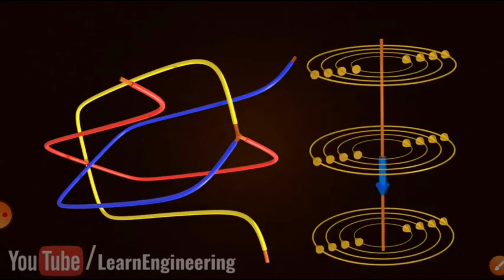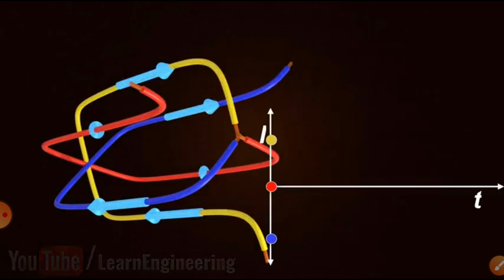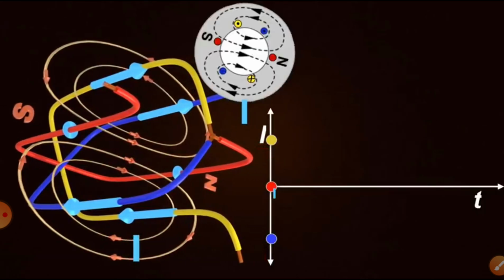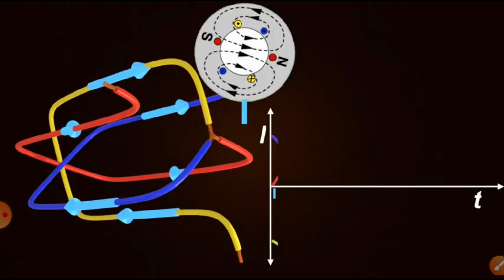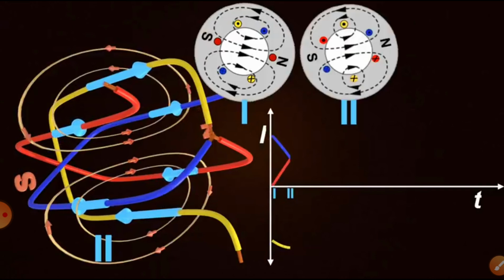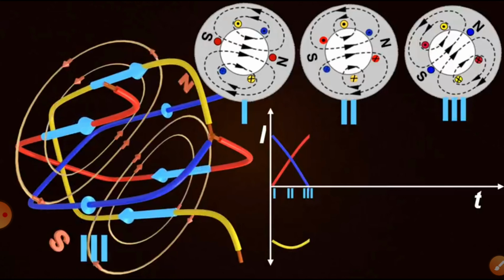As we know, whenever current passes through a conductor, it establishes a magnetic field. Now these three phases, R phase, Y phase, B phase, are placed 120 degrees apart. So what happens? At a time, one phase current is a maximum. After 120 degrees, another phase is a maximum. After 120 degrees, another phase is a maximum.